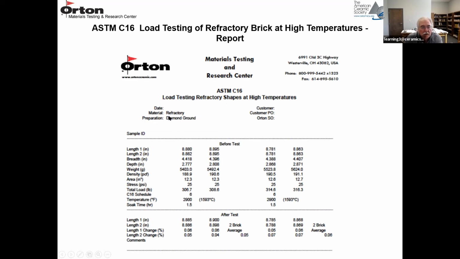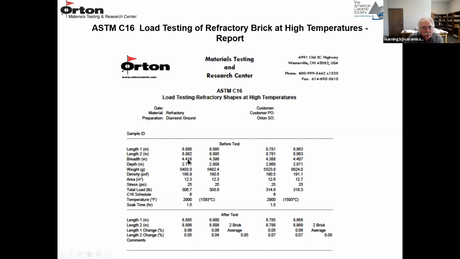The surfaces that are loaded are diamond ground, so they're flat and parallel. Two lengths are usually measured on either side of the sample for an average. So you have length 1 and length 2. The width and depth of the sample, or width and thickness of the sample, is also measured. This was a 9-inch straight. Basically, it's a little shorter than 9 inches because it was surface ground.